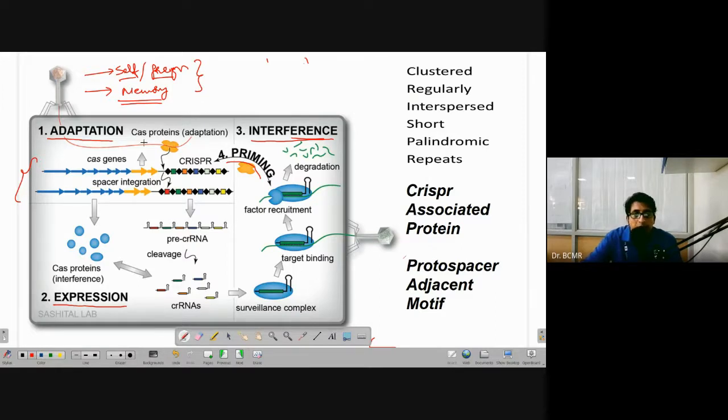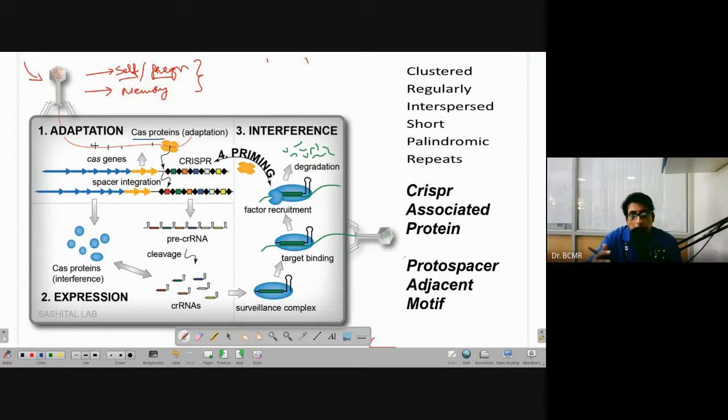That means if DNA from a phage has entered the bacteria, say lambda phage has injected DNA, the red one that is shown here, there are Cas proteins, some different types of Cas proteins, present. These Cas proteins would have cleaved this DNA.